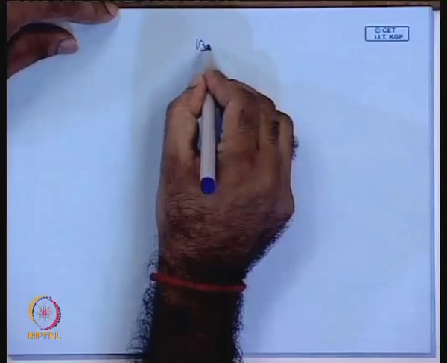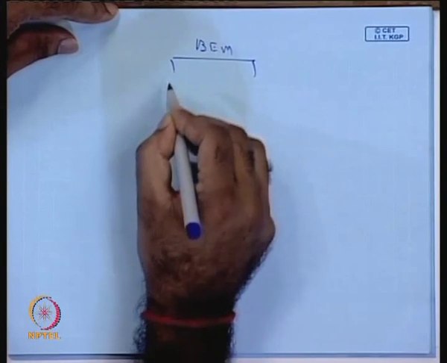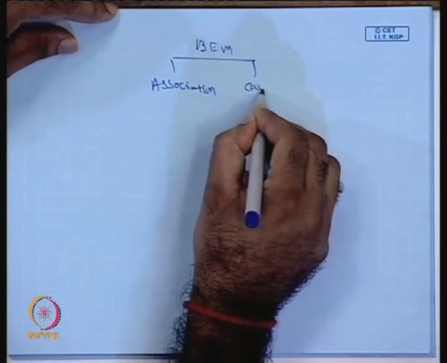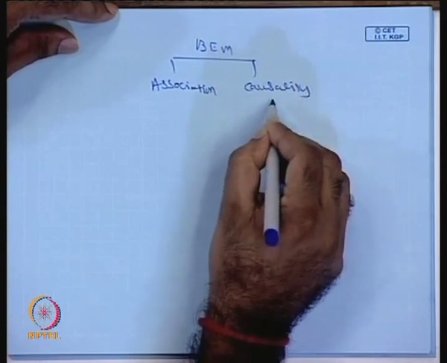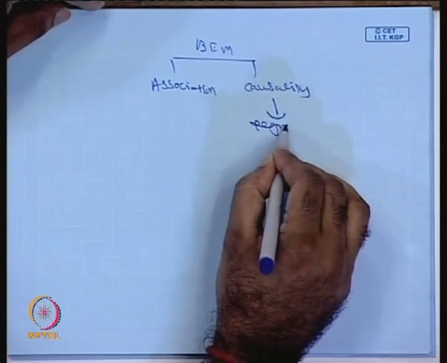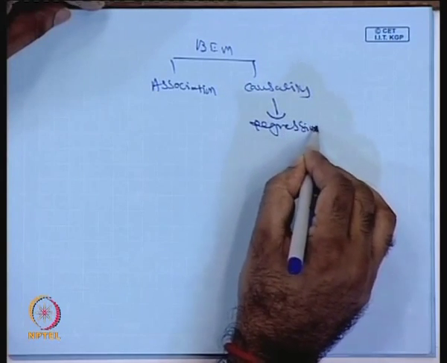I have already discussed the structure of bivariate econometric modeling. Here is the association rule and this is the causality rule. Now we will take the case of causality, which is nothing but the technique called regression. The first question is, what is regression? Regression is to predict or forecast a particular variable with respect to a given variable.